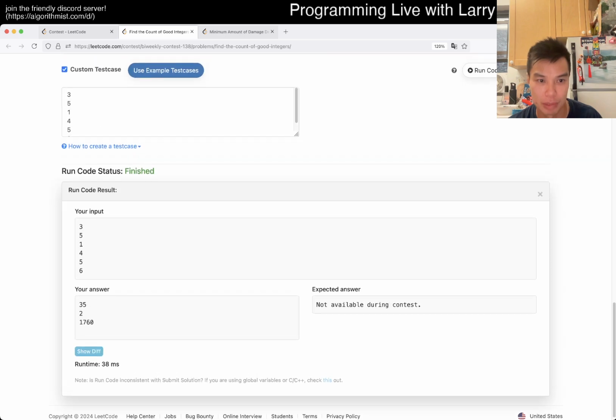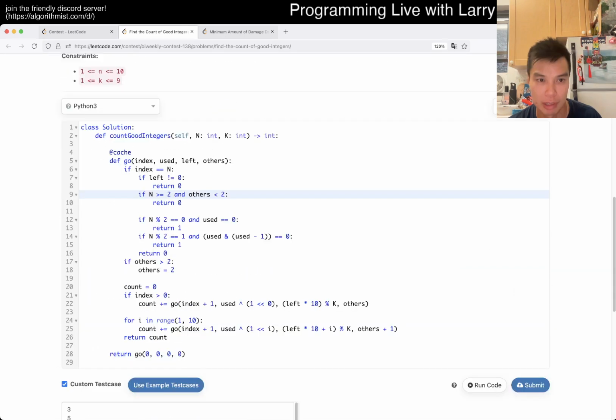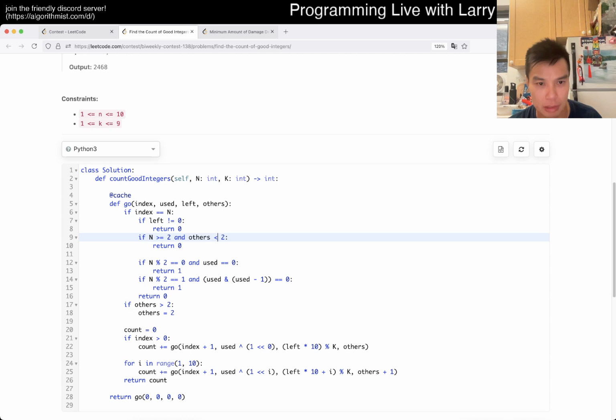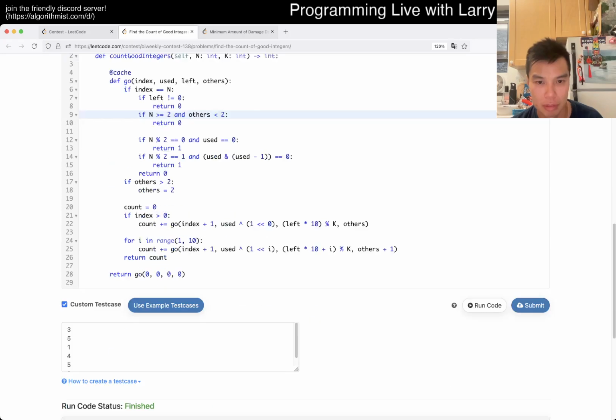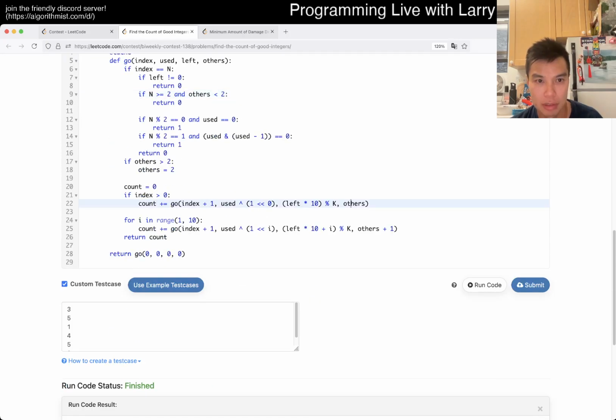Got rid of some of the inputs, but that's not quite right, is it? You still have too many cases. Why? Others plus 1.